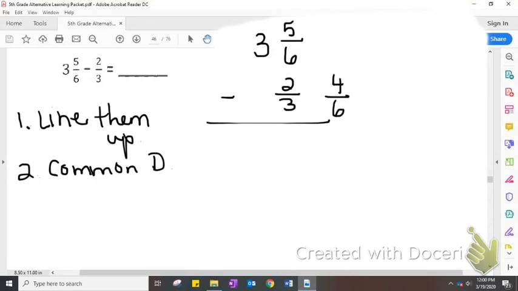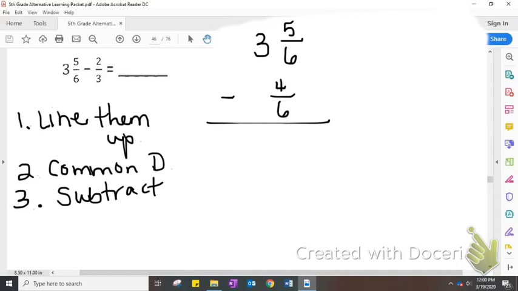Okay, they're the same. I'm actually going to just erase and put 4/6 there. On your paper, I would recommend you just rewrite this just to show the process. All right, once you find a common denominator, subtract.